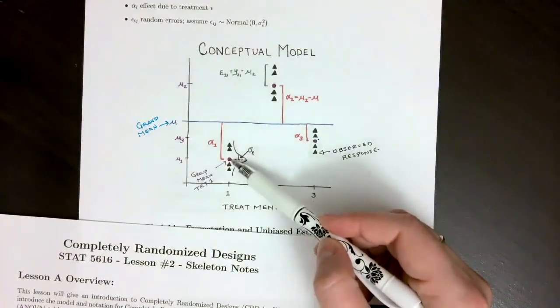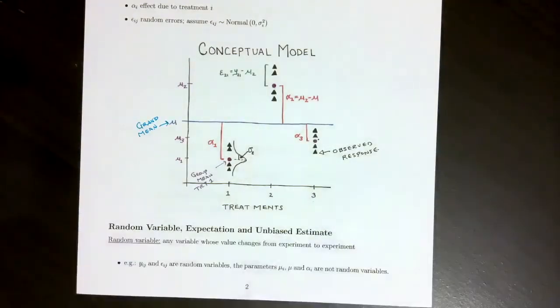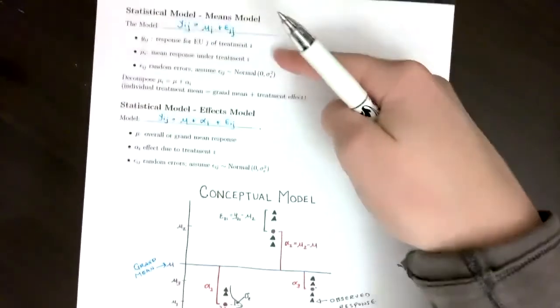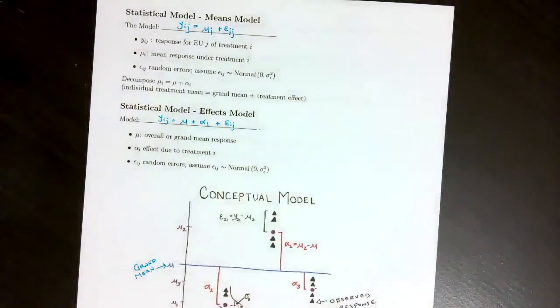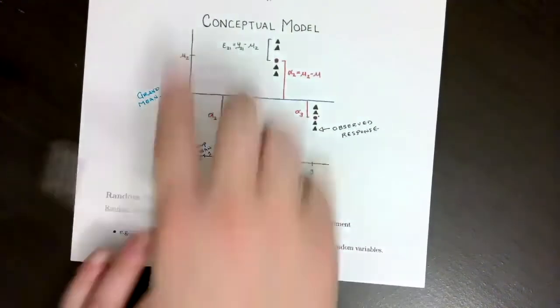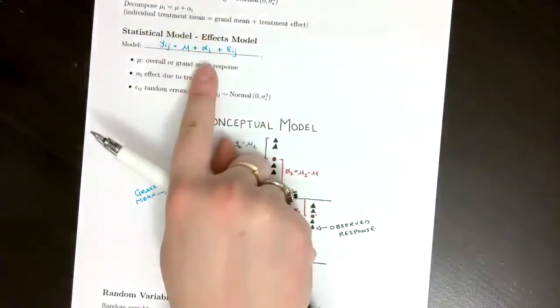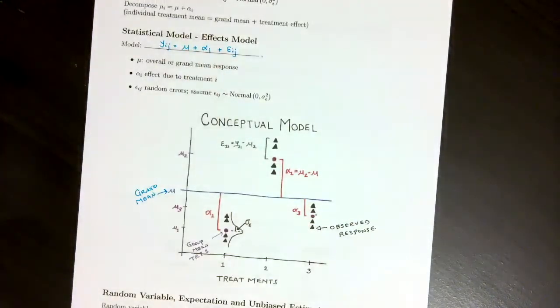This right here would then represent the purple dot if we were looking at actual data. It doesn't matter if we use the means model or the effects model in the analysis, you're going to get the same answer. But the effects model might help us to understand this.